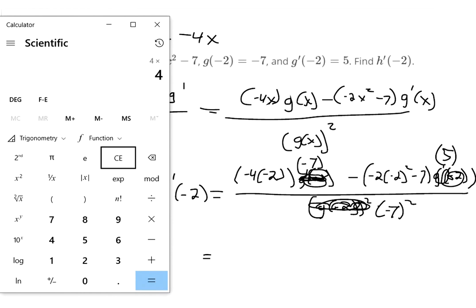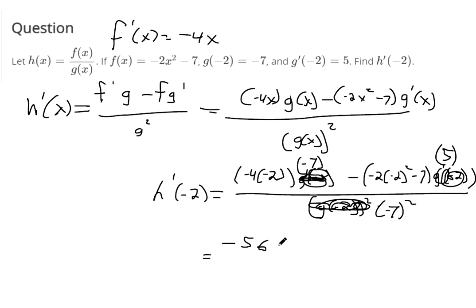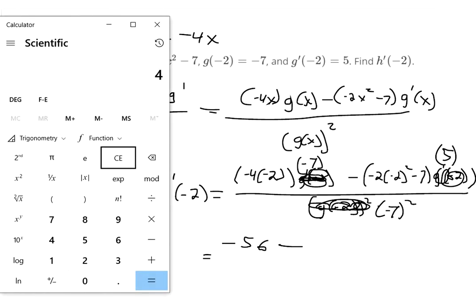Negative 4 times negative 2 makes 8. 8 times negative 7 makes negative 56. And over here we got negative 2 squared makes 4. 4 times negative 2 makes negative 8. Negative 8 subtracted by 7 makes negative 15.